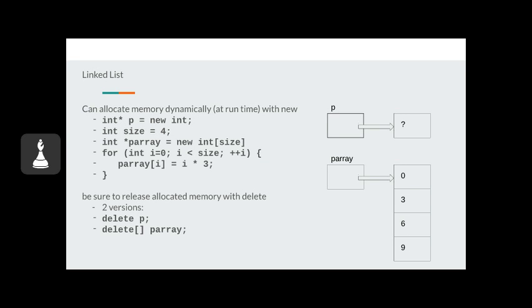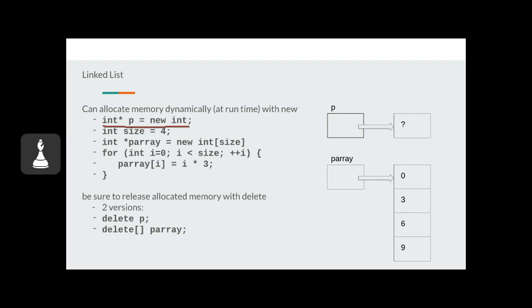Last time we were able to create arrays dynamically, expandable arrays or dynamic arrays, with the new and delete operators, and here's some examples of that. In the first case, I create an integer pointer and set it equal to a new integer, just one new integer, and that's this situation here.